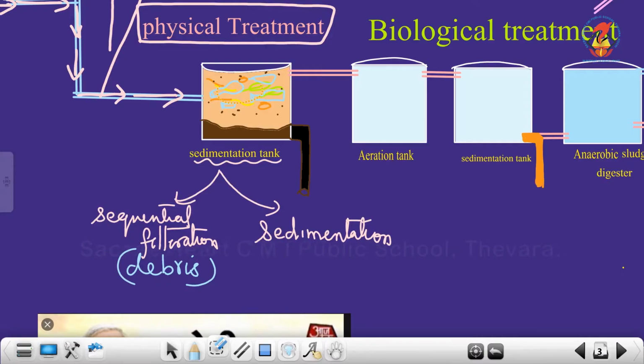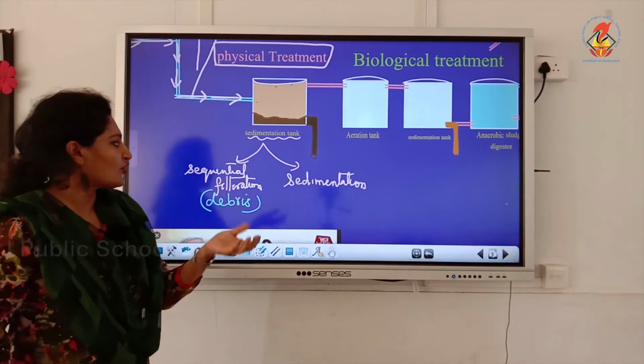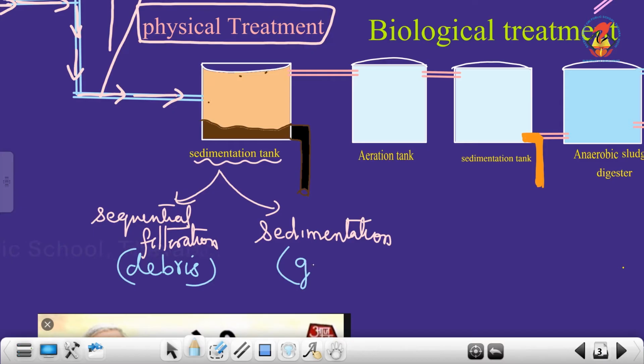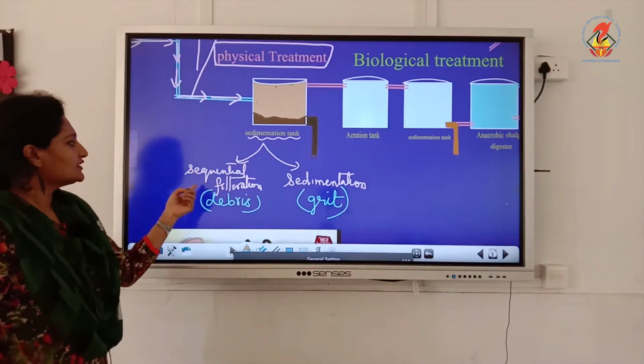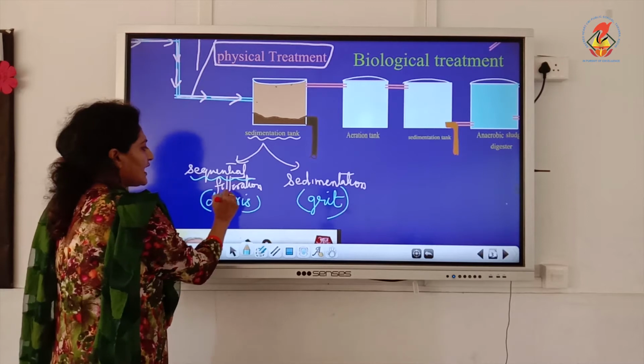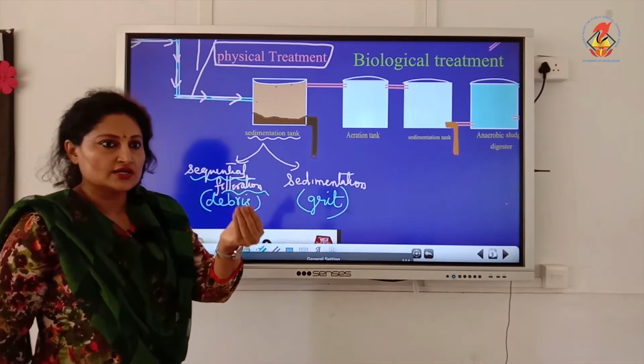Then the remaining solid matter like pebbles, stones and soil, which forms the grit, is removed by sedimentation. So here we have the floating debris removed by sequential filtration, and the grit, which involves pebbles, stones, soil, removed by sedimentation.